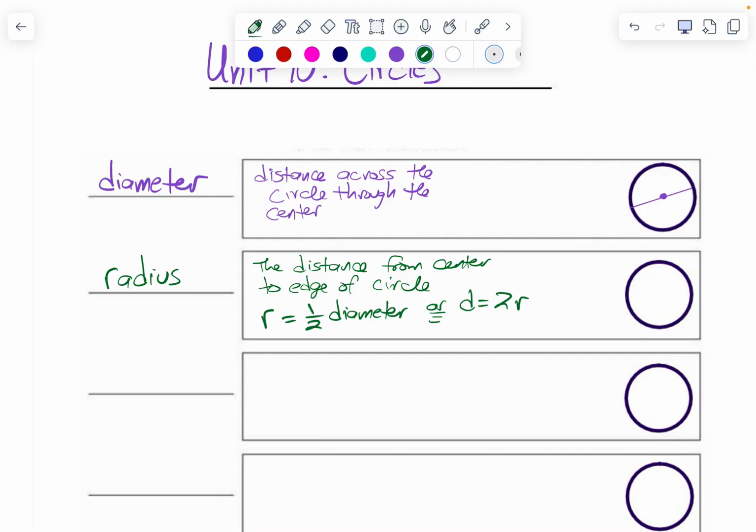You probably see it that way more often. I'm going to go up here and put a D on this diameter just to separate D and R.